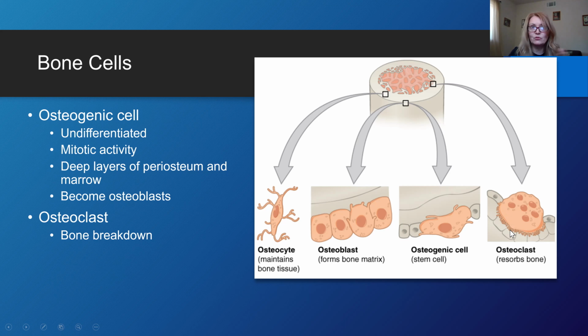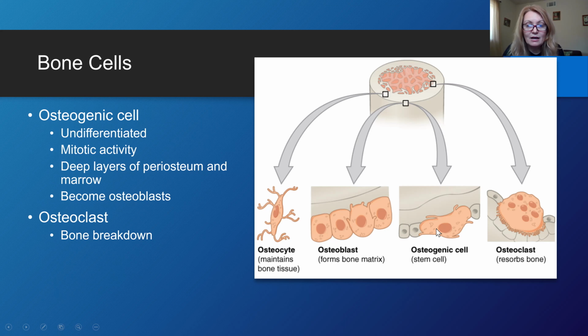So those minerals move to your bloodstream, and sometimes you need your calcium in the plasma of your blood. So that's osteoclast. And osteogenic cells, this one, are undifferentiated, mitotically active stem cells.